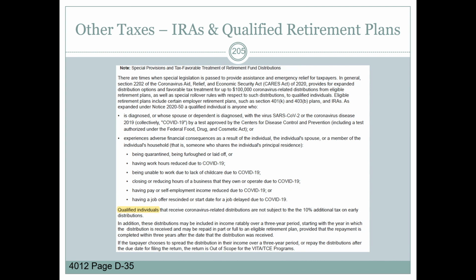As expanded under Notice 2020-50, a qualified individual is anyone who is diagnosed, or whose spouse or dependent is diagnosed, with the virus or the coronavirus disease 2019, collectively COVID-19, by a test provided by the CDC, authorized under the Federal Food, Drug, and Cosmetic Act, or experiences adverse financial consequences as a result of the individual's spouse, or a member of the individual's household.